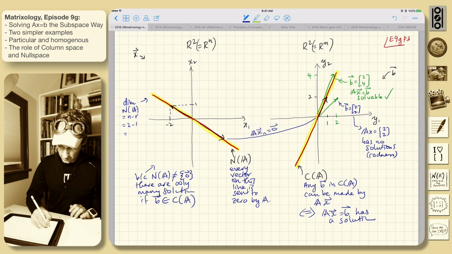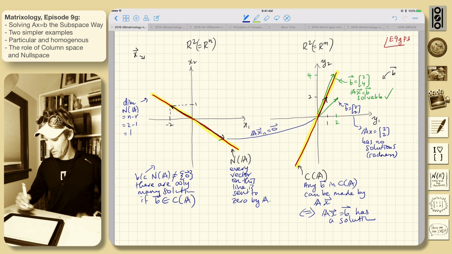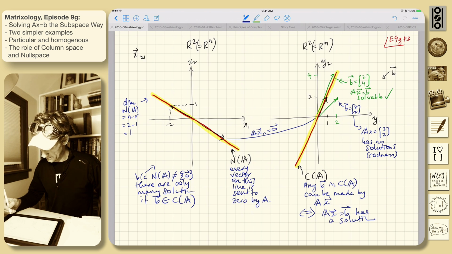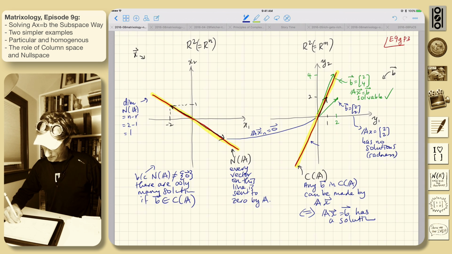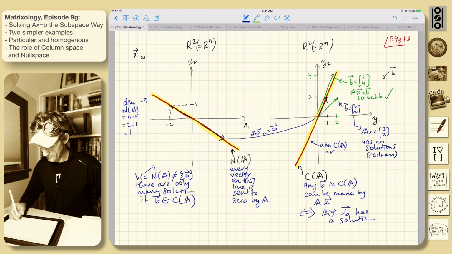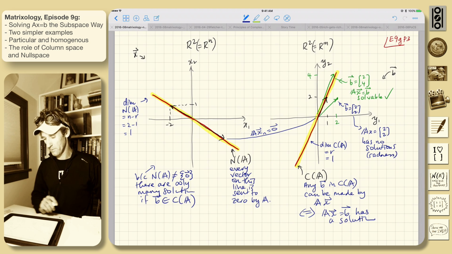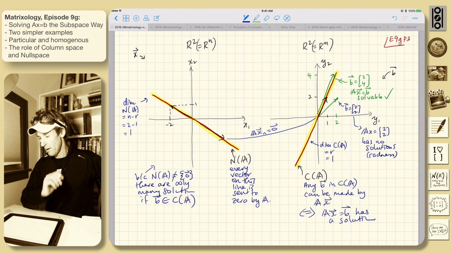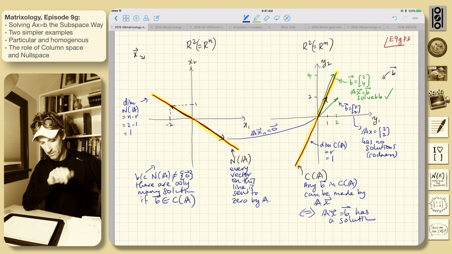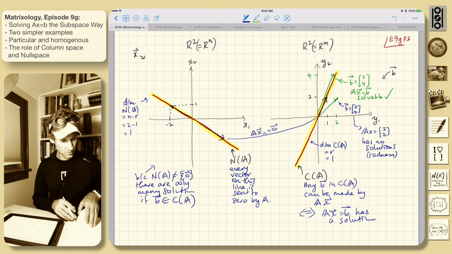So the null space is a one-dimensional subspace. And the dimension of the column space of A, I'm going to claim is r, and that is again 1. So it's a one-dimensional thing. These are good examples to think about.